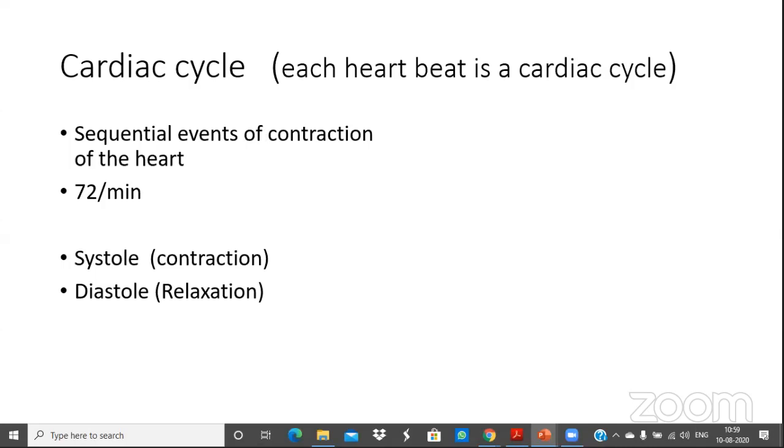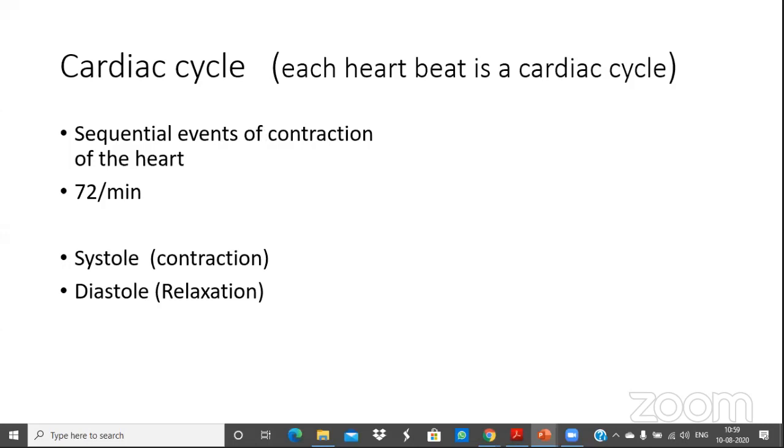That particular movement is called the cardiac cycle. In simple words, each beat of the heart is called one cardiac cycle. So if there are approximately 72 beats per minute, that means 72 cardiac cycles take place.